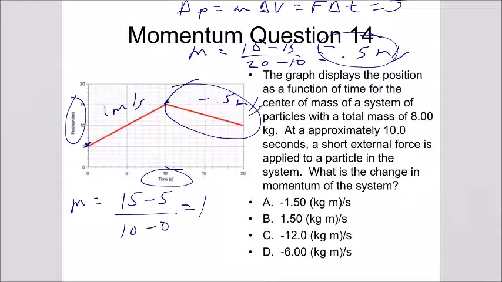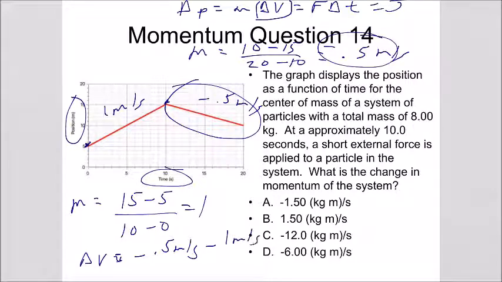Now we're trying to find change in momentum. Well, before we find change in momentum, let's find change in velocity. To find the change in velocity, we know the change in anything is equal to the final velocity, which in this case is negative 0.5 meters per second, minus the initial velocity, which in this case is 1 meter per second.